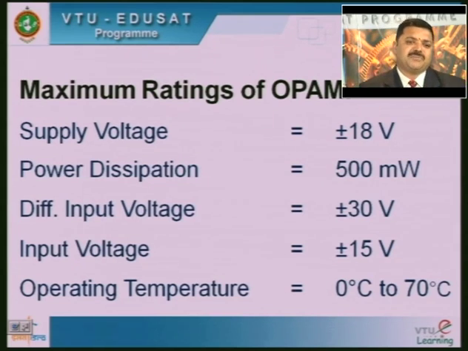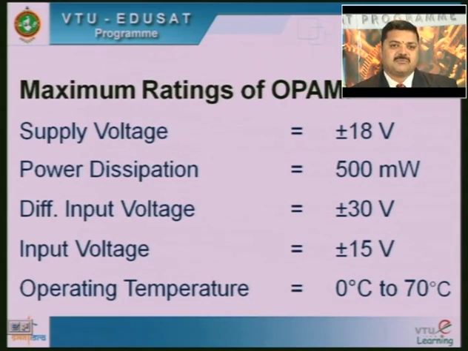What is the differential input voltage? We have seen two input terminals of an op-amp, one is the positive terminal and the other the negative terminal, or the non-inverting input terminal and the inverting input terminal. So, what is the difference of these two terminal voltages?